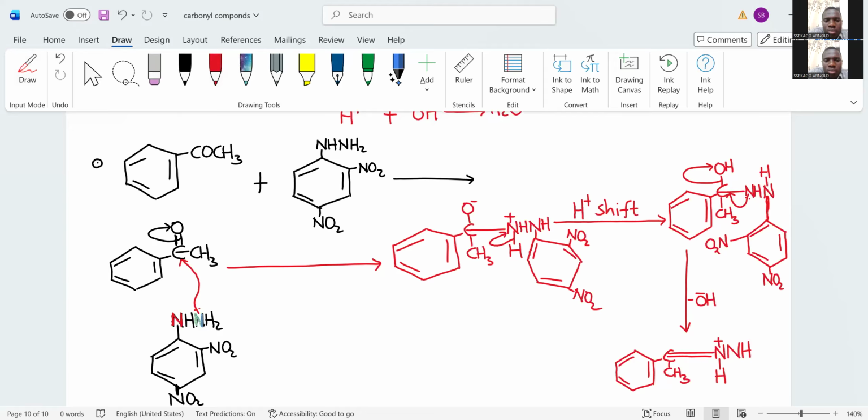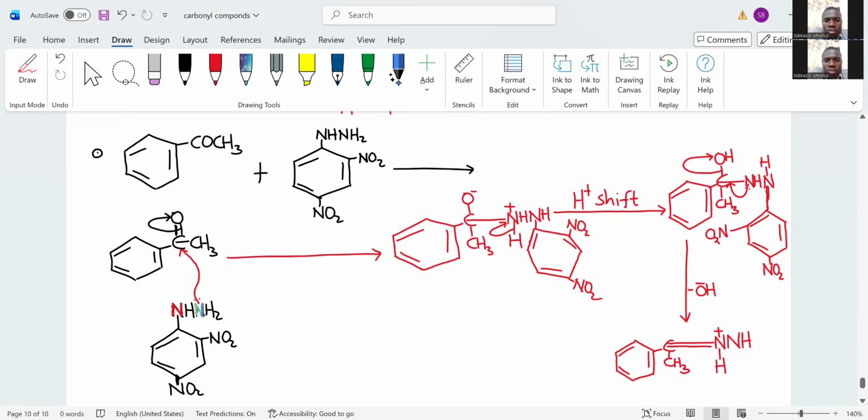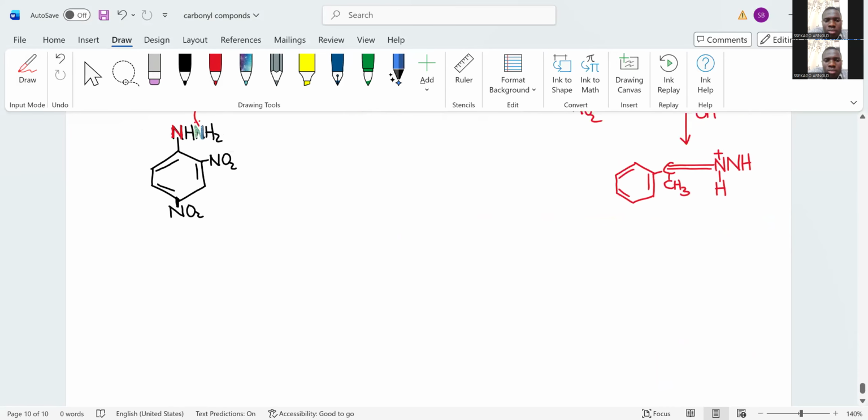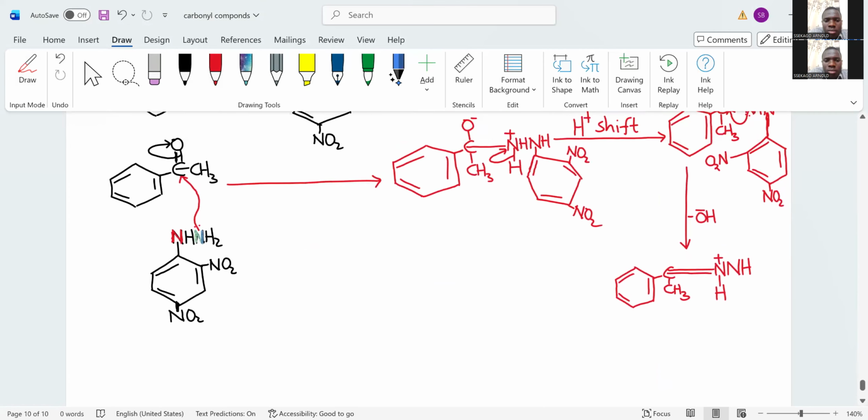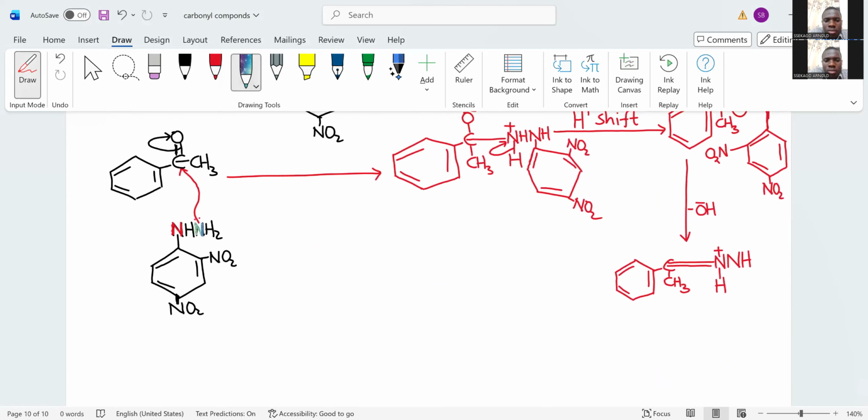I think I have to attach that benzene ring. My screen has frozen. Okay, we are there. Nothing so much to worry about.